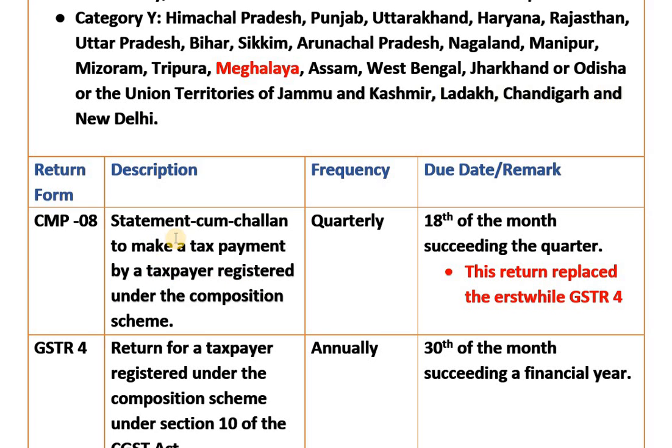Previously, dealers under the composition scheme have been filing Gstr 4 on a quarterly basis. But now, instead of Gstr 4, they have to file Qrmp 08, which is a quarterly return, and that has to be filed on the 18th of the month succeeding the quarter.